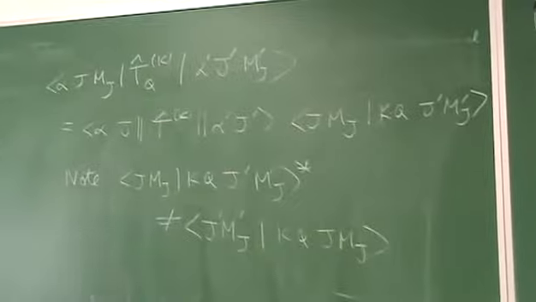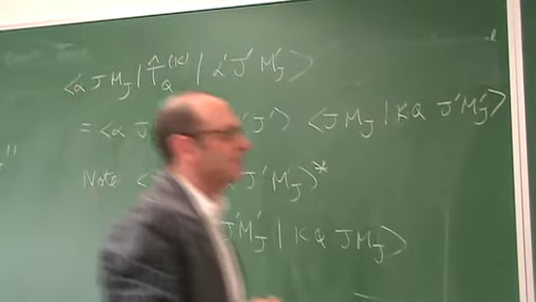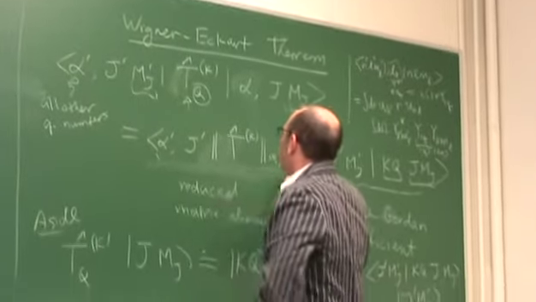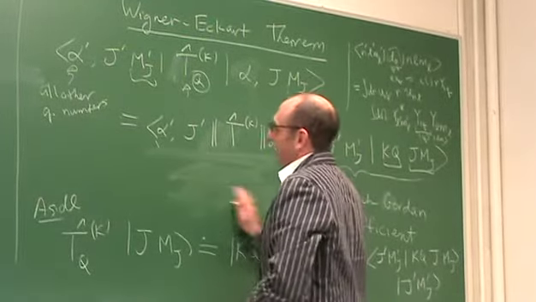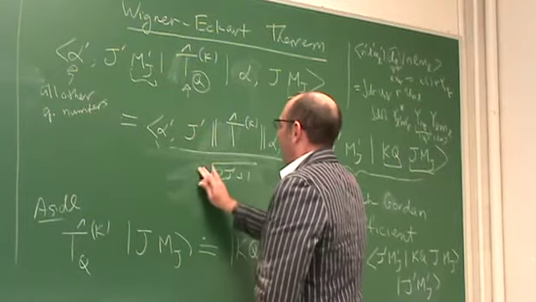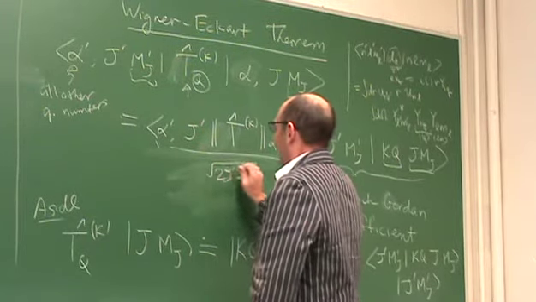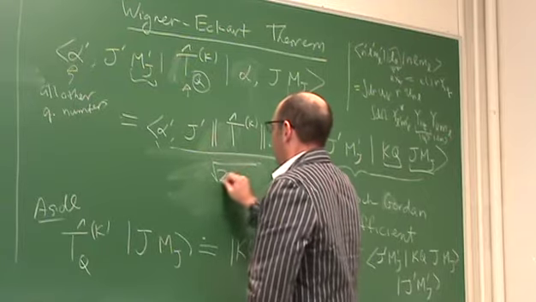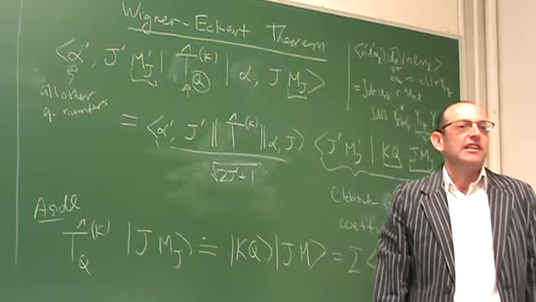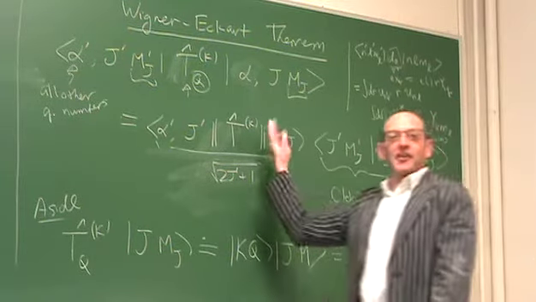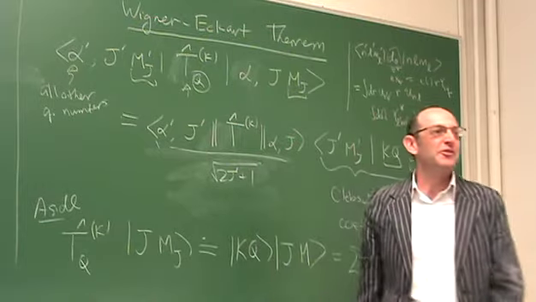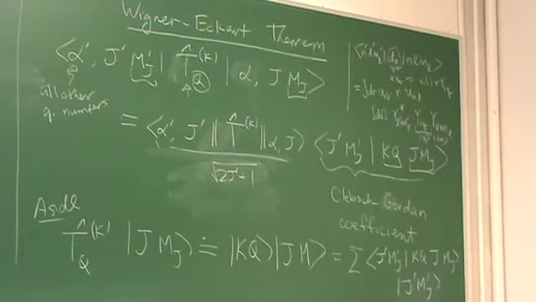So often you will see this defined, in order to make this thing have the right properties, with a factor of square root of 2j plus 1 there, like in Sakurai. In that case, the reduced matrix element would have this property.